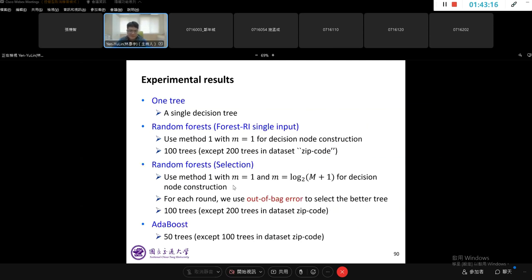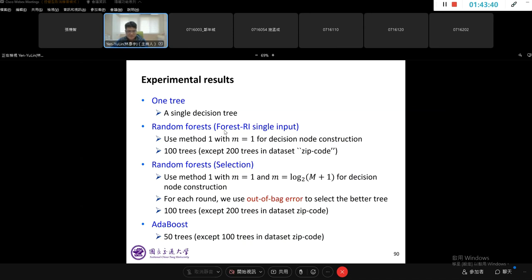Let's look at some comparing methods. The baseline method is a single decision tree. This is the baseline learner. We just have a single decision tree. Okay, let's look at some variants of random forest.